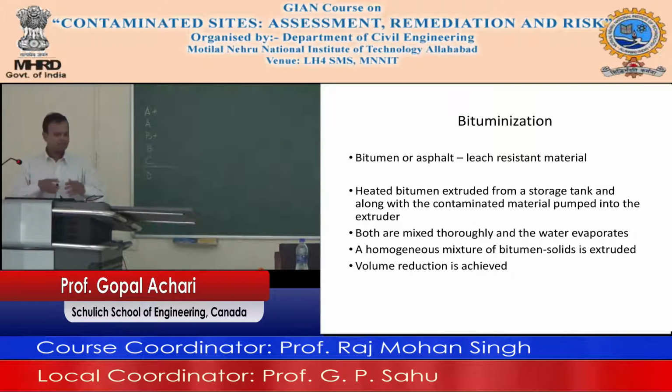Hot bitumen has an extremely low permeability, and the whole thing is now encapsulated in the bitumen. Bitumen is pretty much resistant to everything, acids, alkalis, anything at all. So it's going to be there forever. That's another one, bitumenization.